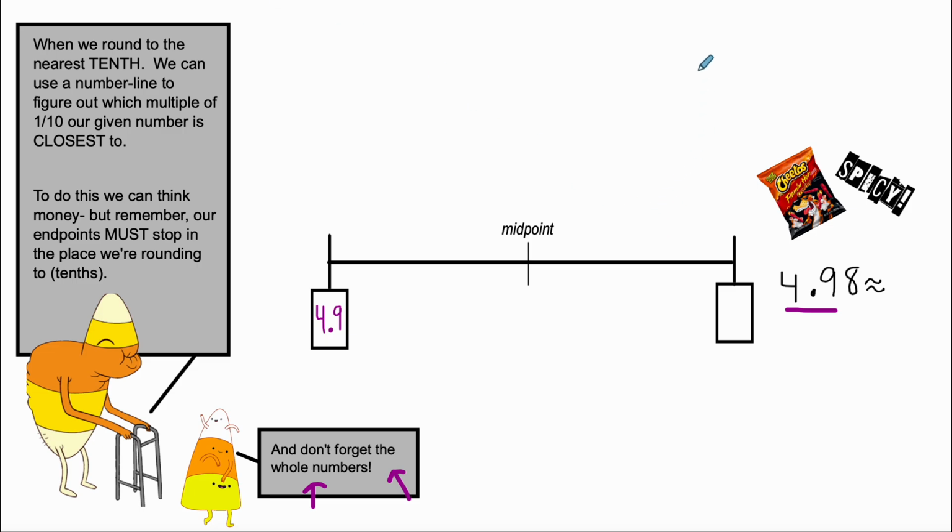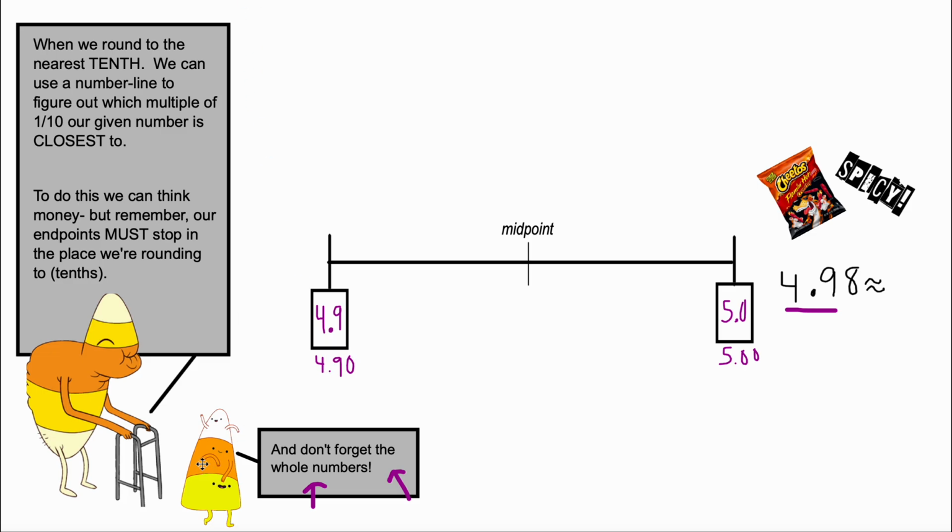Another way to think about that is $4.90 plus one more dime, one more tenth, is $5. So I could write $5 respecting place value rounding to tenths, I could say 5 and 0/10.